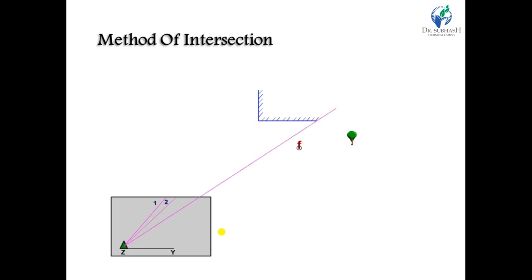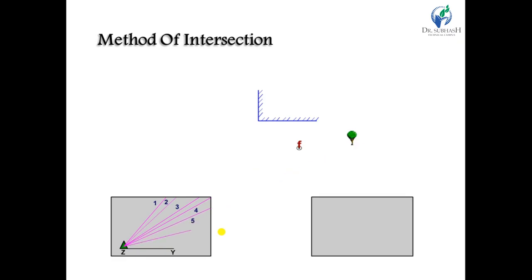See in the animation, first we adopt the different points for our map preparation, and next we sight the same points from another station, and the intersection points mark the object points.